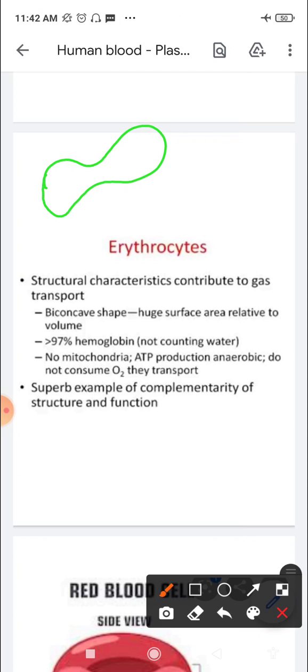It says here this is the biconcave shape. Biconcave shape means you can see a concavity or a depression on both the sides. If you look at this, this gives a biconcave look, right? It is concave, or a concavity or a depression is found on both the sides.